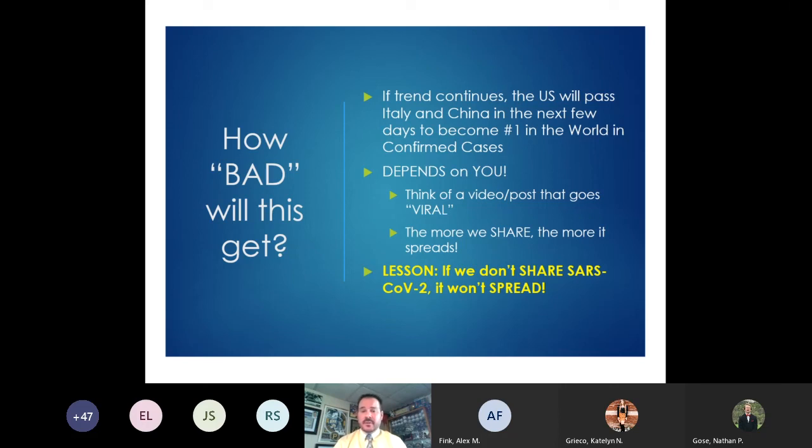All we can really do, it depends on you, it depends on me, it depends on us. We use the term colloquially of something going viral. Think of a video or a post that goes viral. That requires individuals to continue to share and spread that thing. All you can do is control your own interactions.